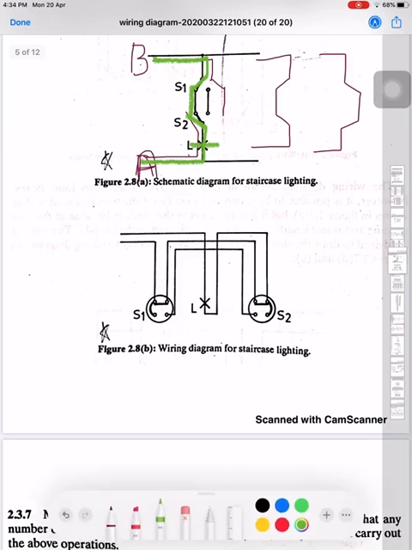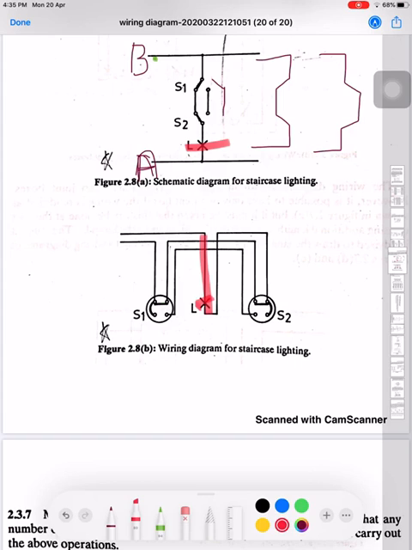This is a wiring diagram for staircase wiring. In this diagram, this is the wiring diagram for staircase lighting. So if you correlate it with the schematic diagram, then you will get a brief idea about this. This is the lamp that is connected with both the switches.